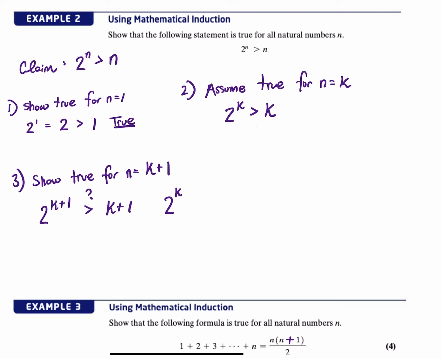So we need to try to express 2 to the power k plus 1 somehow with 2 to the power k. Well, if you notice, we can re-express this as 2 times 2 to the k. If we were to multiply these out, it would add another to the exponent. Like if we did x times x cubed, that would give us x to the 4th power.